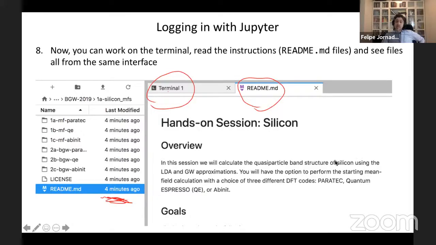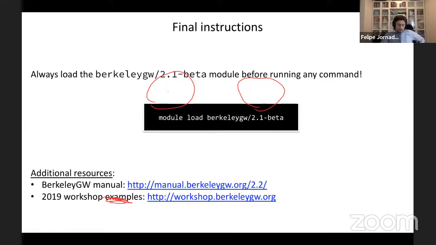So please follow these instructions and good luck, and we'll be happy here to assist you. I hope you have a great time doing this workshop, and that you can run this paradigmatic band structure of silicon and be able to reproduce those results. Thank you all, and we'll now be happy to assist you if you have any questions for the next few hours.